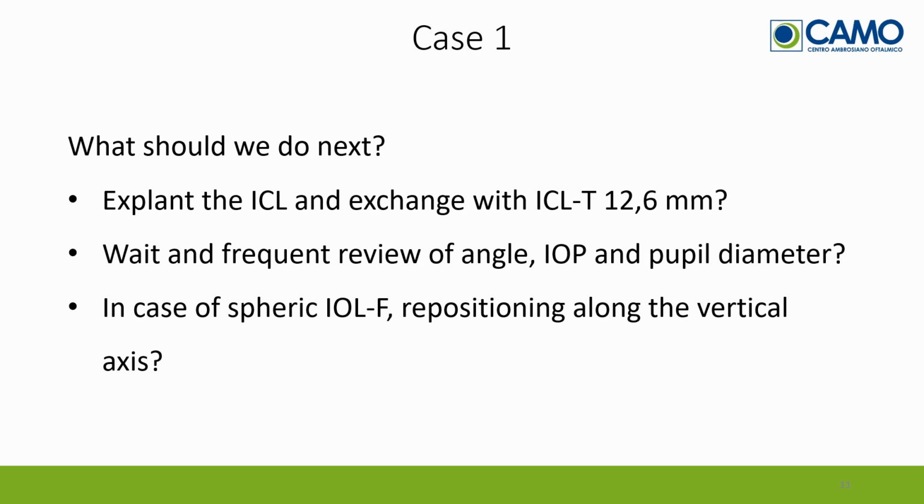If we had a spherical ICL, we could have considered rotation of the ICL, as we know that the ciliary sulcus has different sizes and space in different axes, and possibly a vertical rotation would have allowed a reduction of the vault. This was impossible because we had a toric lens, and in this case we decided to explant the lens and exchange it with a smaller lens.